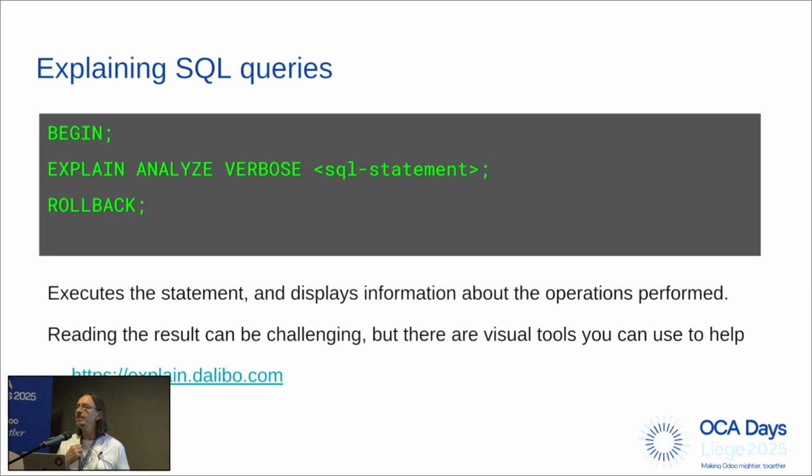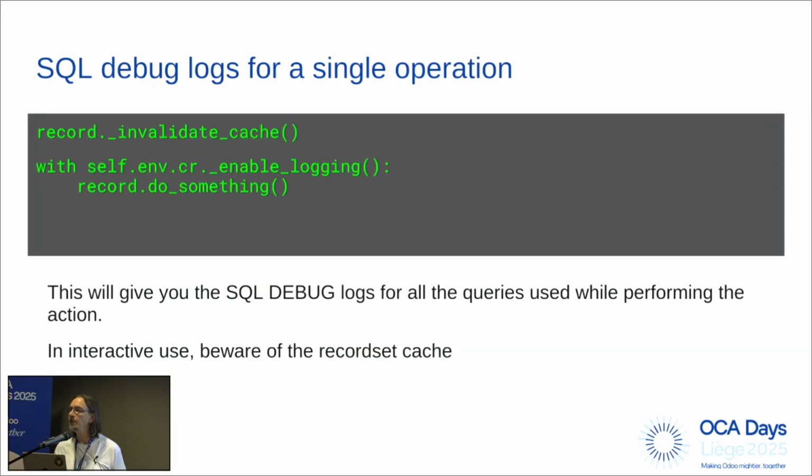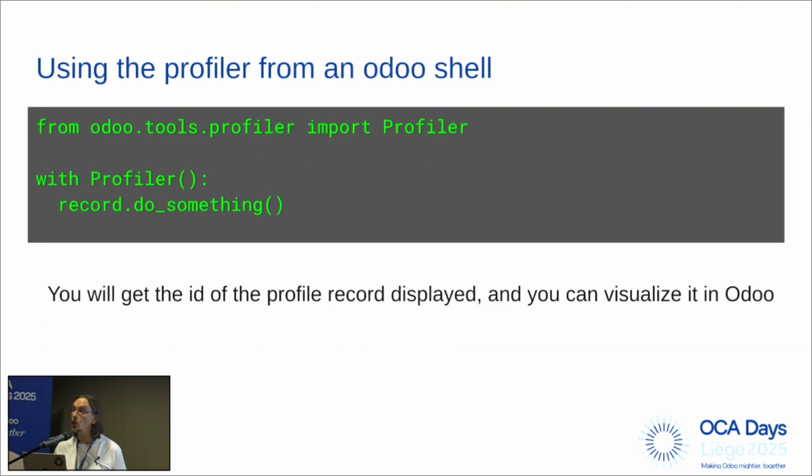Yes? The previous one on the profiler, do you still need to commit? No. The commit is done in a separate transaction, so you can safely roll back, especially in production. Or you can just exit, but the profile has been saved. If you use the profiler in Odoo, it's a two-step process: you need to enable it first, and then you can access the profile.